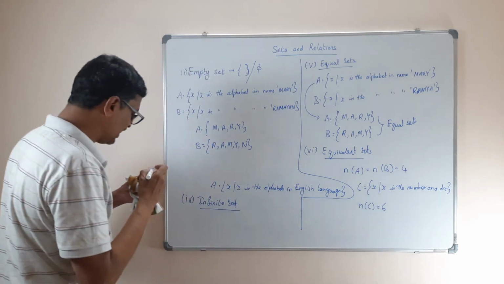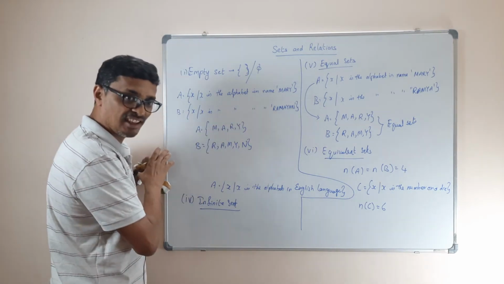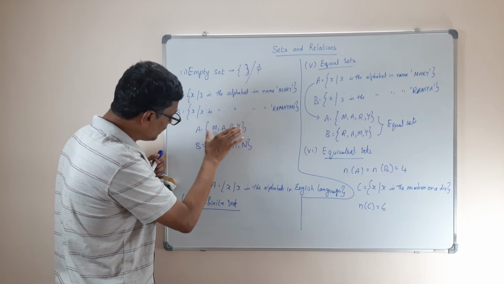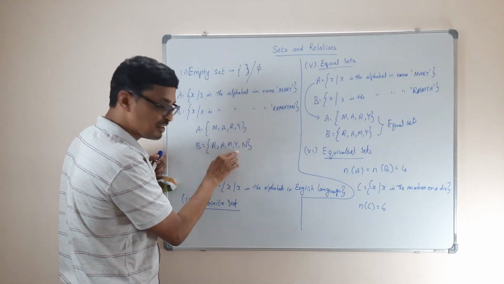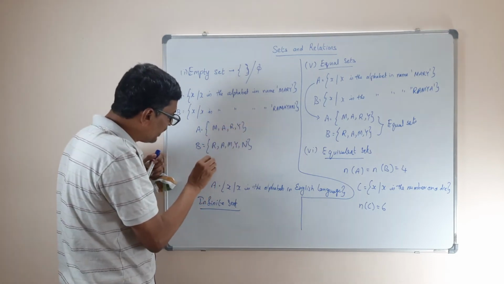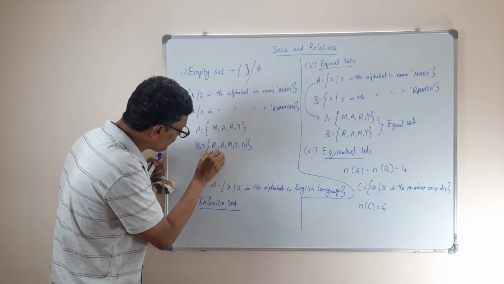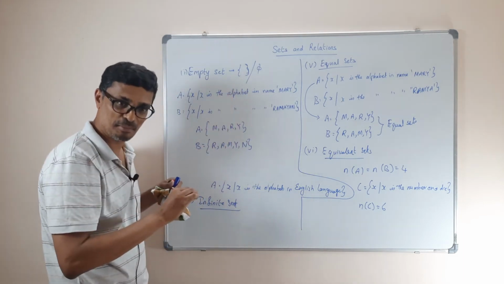Once you define that, then you can see this set A. All the elements of A are in B, but the reverse is not true. That means you can form the set A from this set itself. Pick up the elements and you can form the set. Am I right? That's what we have done.